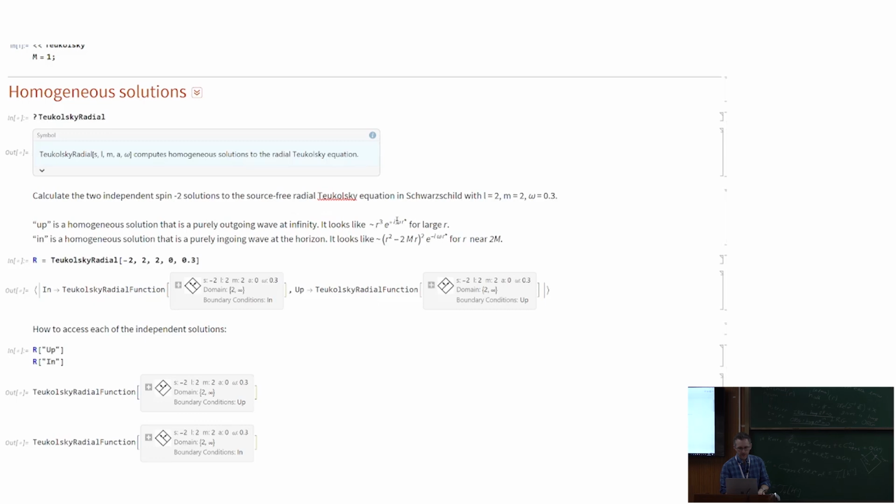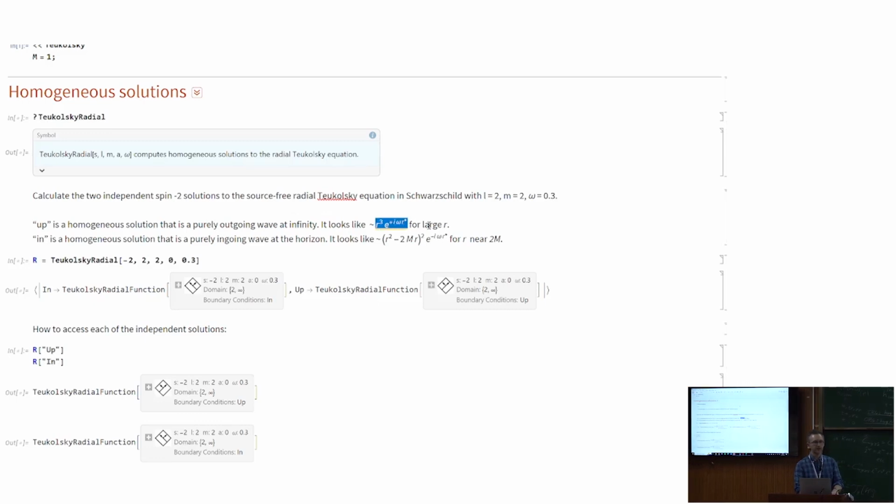So here is the behavior near infinity for large r. We have that same e to the i omega r star that I mentioned for the metric perturbation, so this is indicating an outgoing wave. Here I'm looking at spin weight minus 2, which is psi 4.